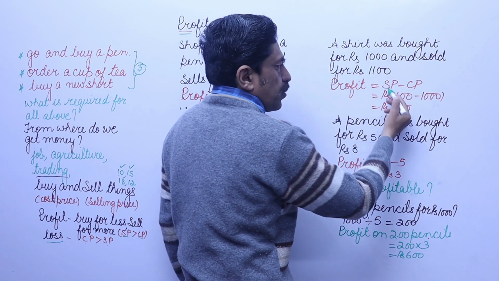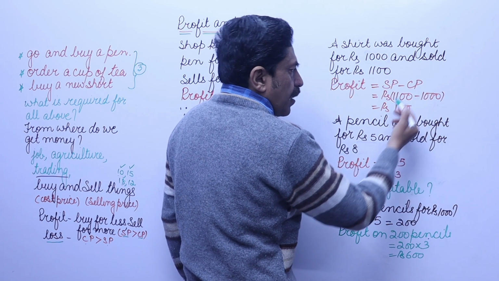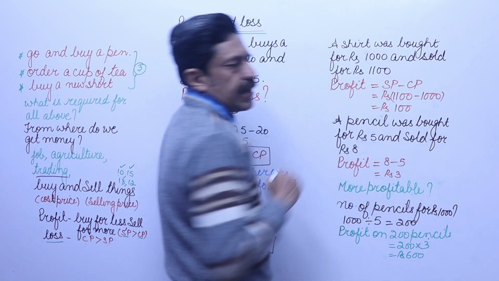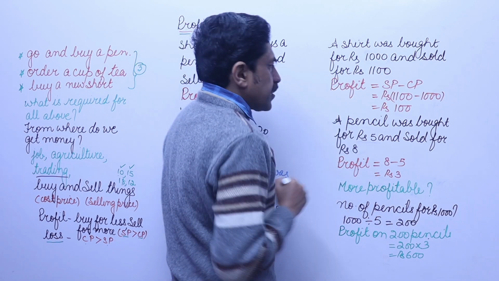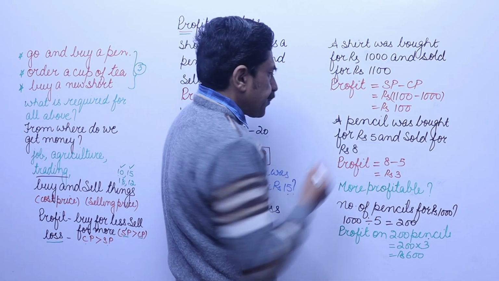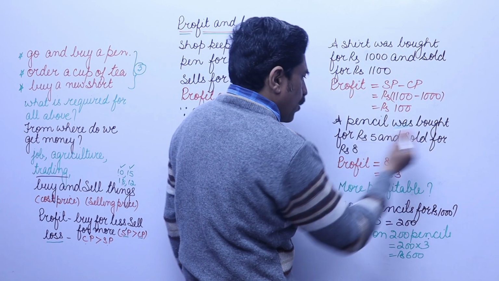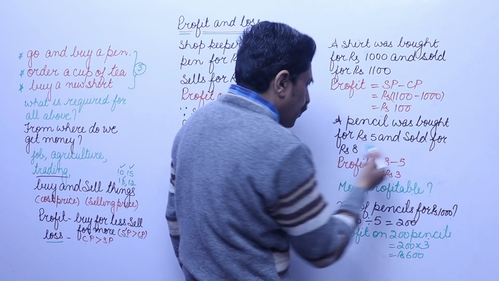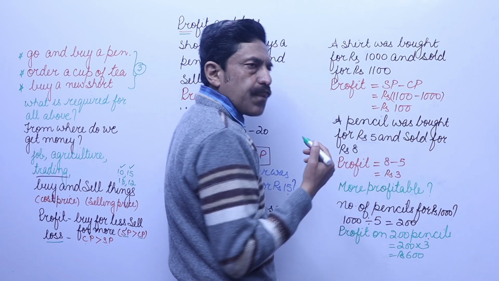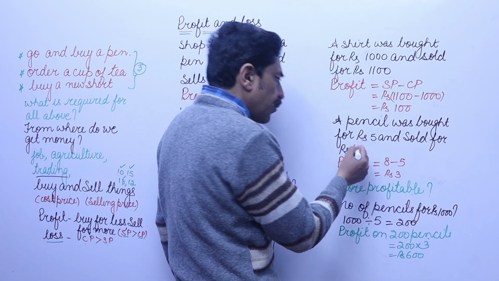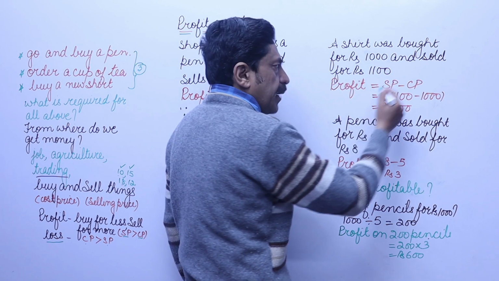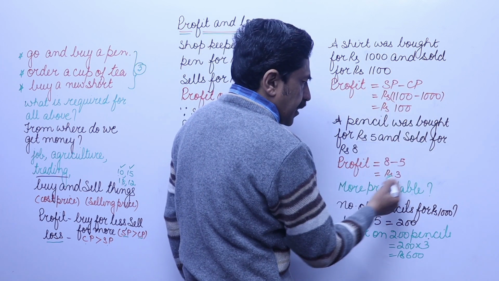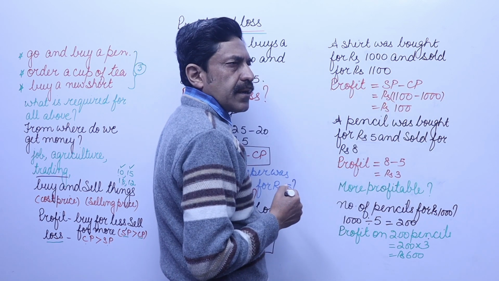Profit is equal to SP minus CP, that is 100 in this case. Now let us see one more example. A pencil was bought for rupees 5 and sold for rupees 8. Again profit or loss? Clearly sold for more, so profit. Profit is SP minus CP, in this case rupees 3.